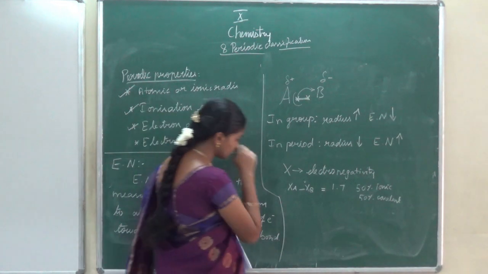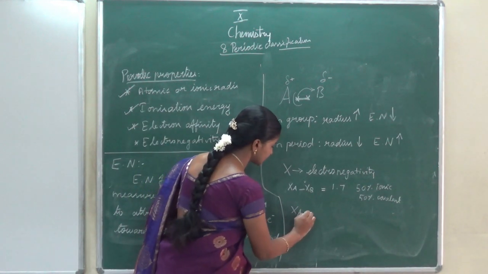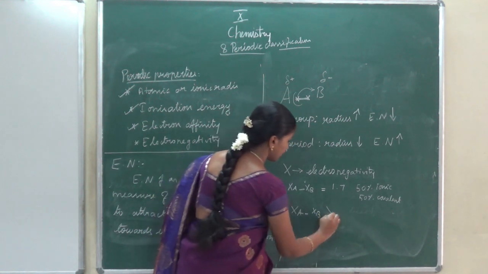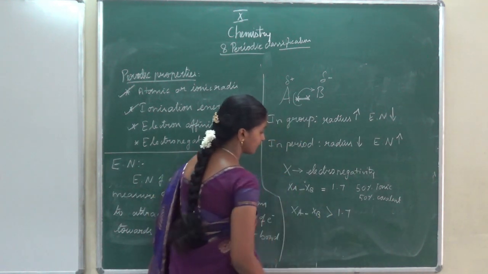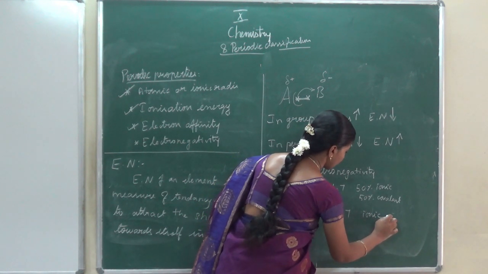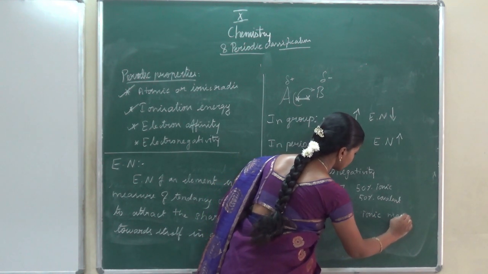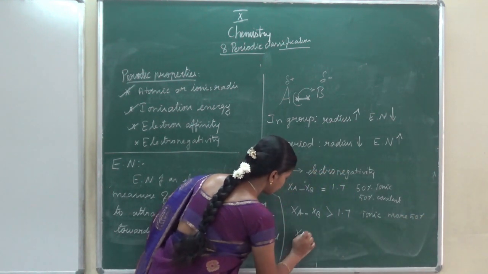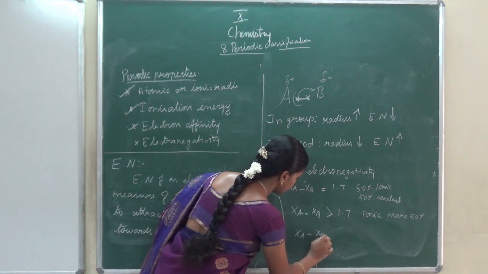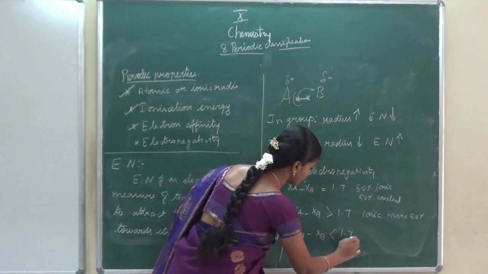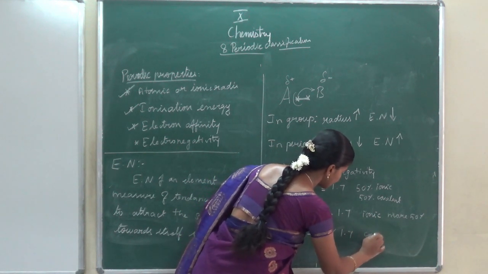Next, suppose the XA minus XB value is greater than 1.7, then ionic character will be more than 50%. If the difference between the electronegativity of these two atoms is less than 1.7, then covalent character is more.